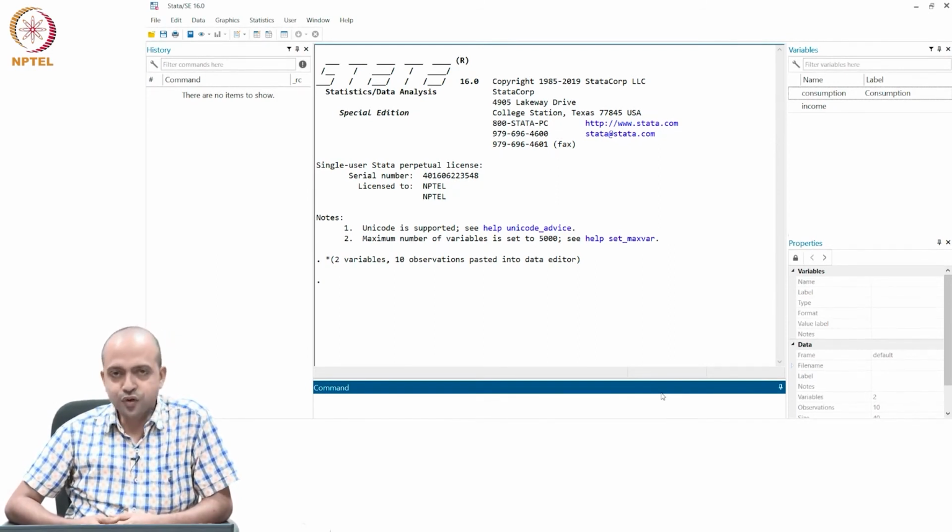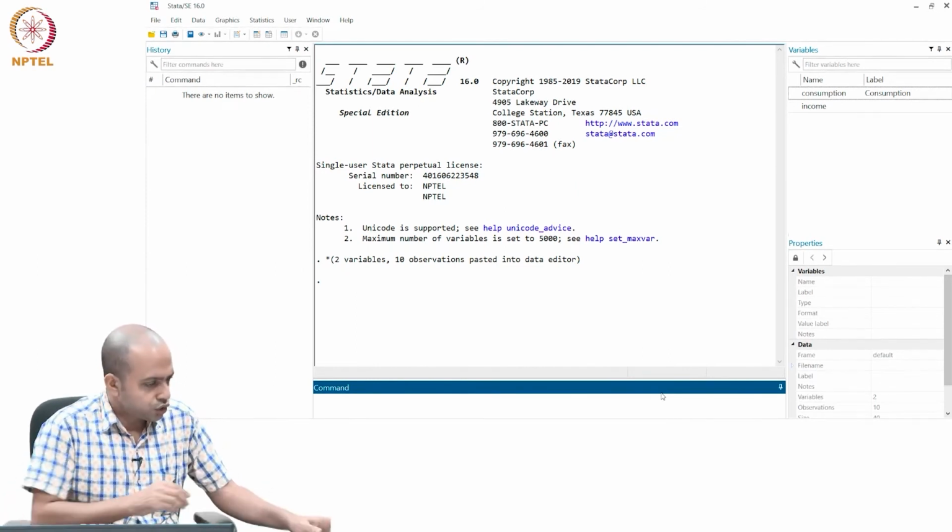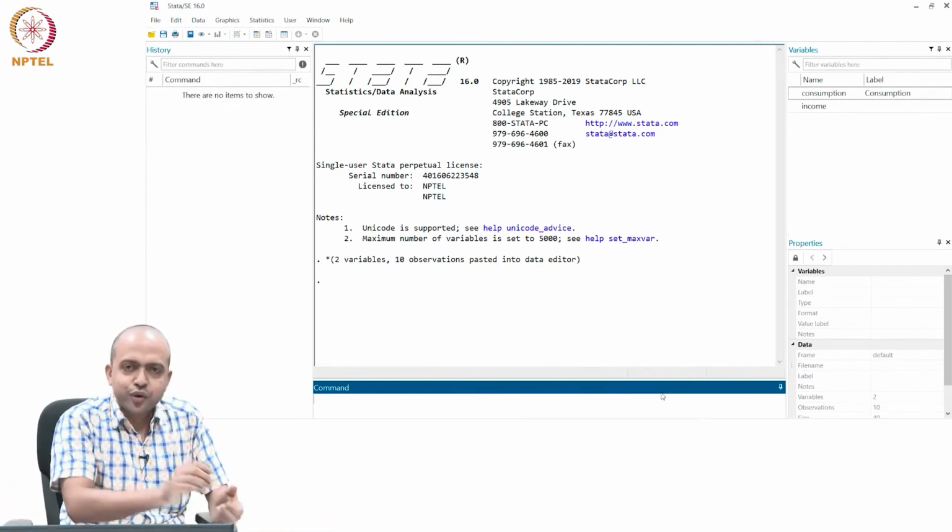For interpreting the coefficients you need to know the theory, and for commands and other things you can simply type in Google, and Google will give you all sorts of commands required to perform any type of statistical analysis using data.